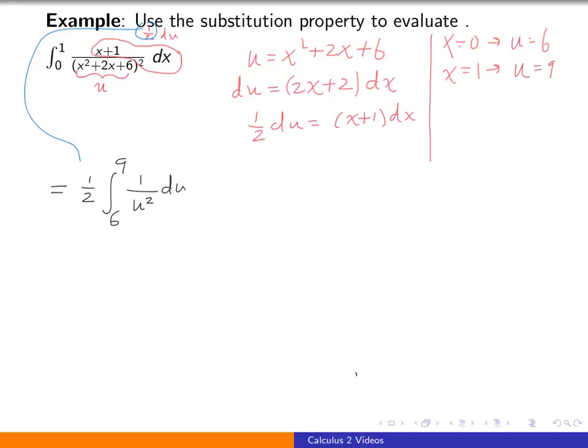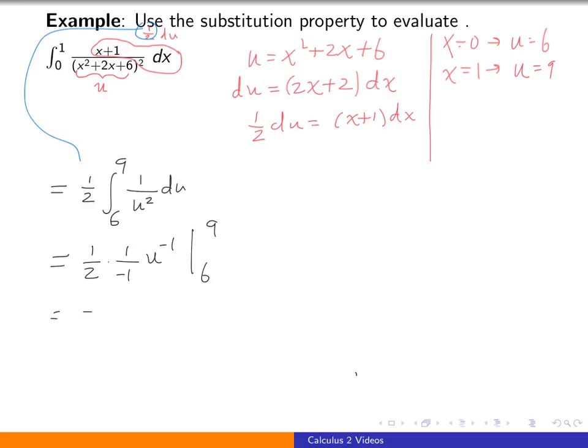So once we are able to evaluate using the fundamental theorem of calculus this resulting integral, that number is going to be our solution. So 1 over u squared, note, is really u to the minus 2. Minus 2 plus 1 is minus 1. So we have 1/2 times 1 over minus 1 u to the minus 1 from 6 to 9.